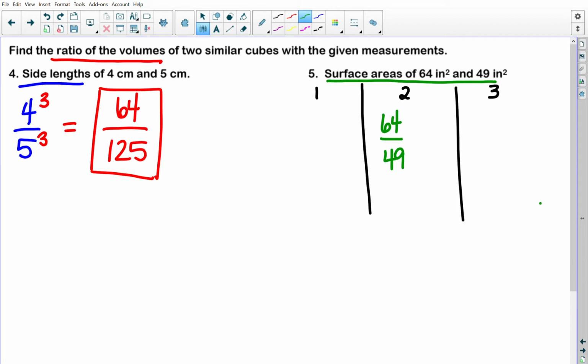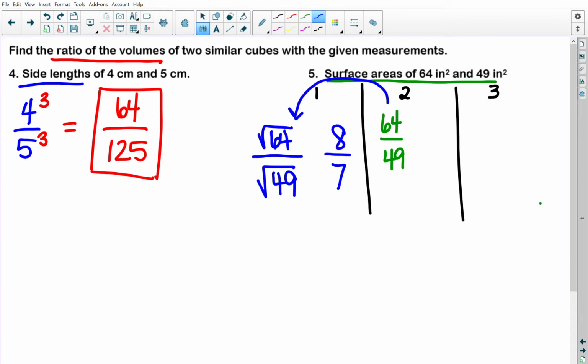But I have no way of going from a second degree ratio to a third degree ratio. So what I have to do first is bring this second degree ratio down to a first degree ratio. So I'm going to take the square root of 64 and the square root of 49, and I'm going to get 8 over 7. And now I can take that piece and I can bring it up and cube both of those. So I can do 8 cubed over 7 cubed.